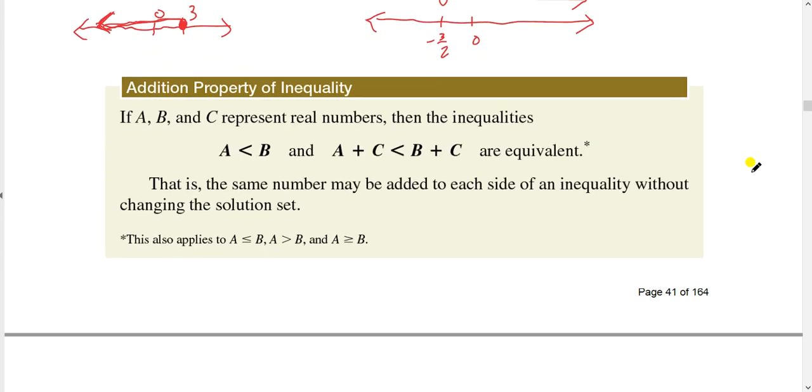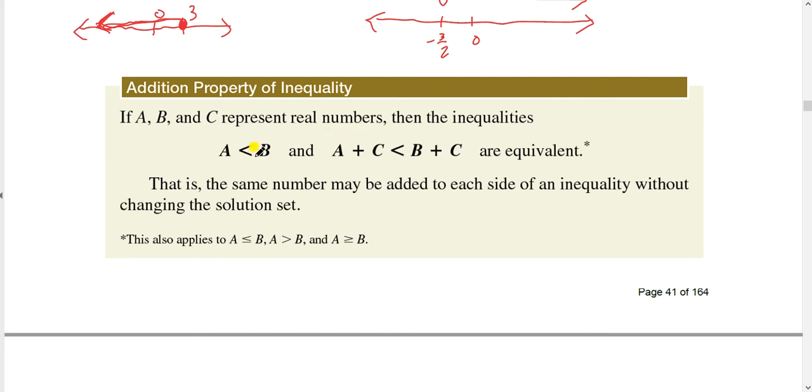Okay, there are two important properties for inequality. The first one is the addition property. If a, b, and c are real numbers, then for the inequality a is less than b, if you add c to one side and add the same c to the other side, then we have another inequality equivalent to the original.